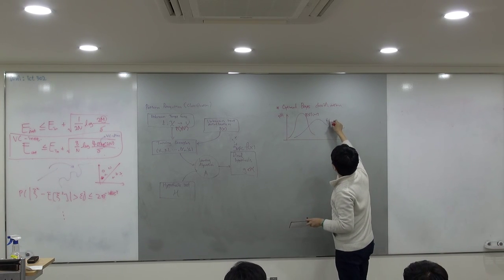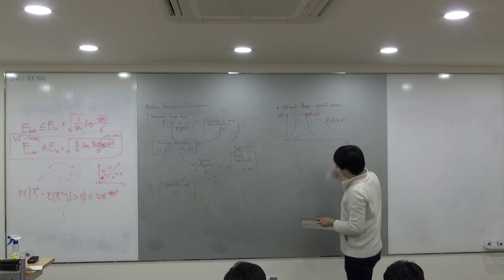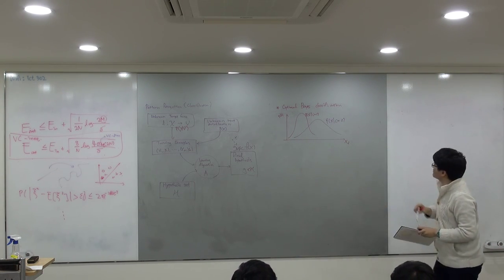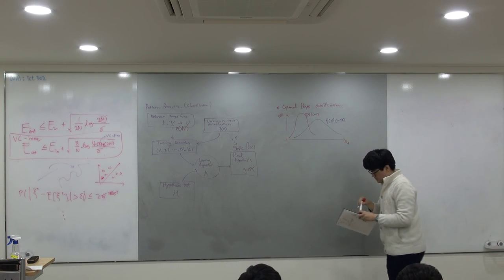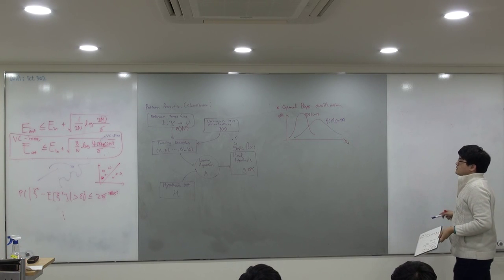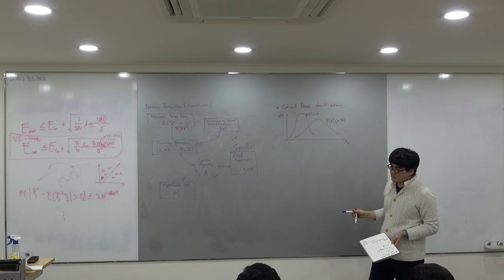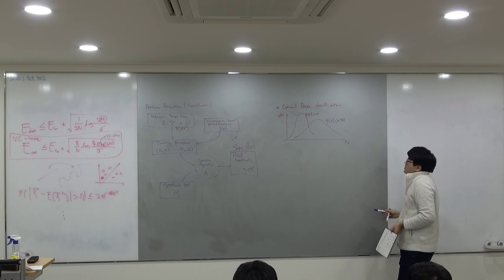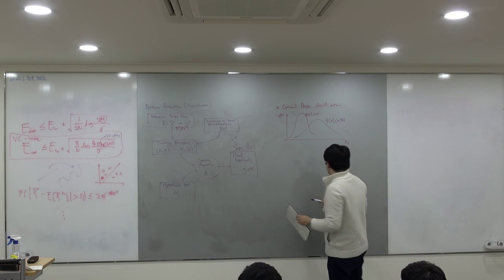And this one is the probability of x given class 2. Different distribution.